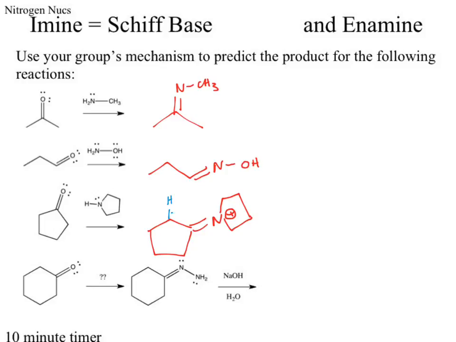You remove the second hydrogen from your carbon next door, and you get a little elimination reaction, and it's referred to as an enamine. Ene, like an enol, it's an amine, alkene, and an amine. It's our enamine.